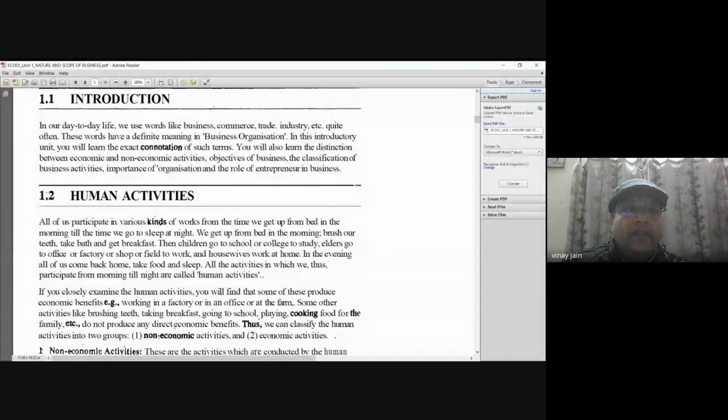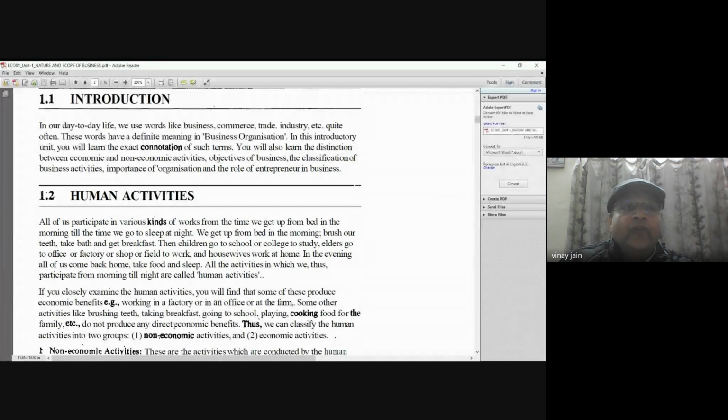In our daily life, we use words like business, commerce, trade, industry. You must have heard many such words and used them quite often. These words have a definite meaning in business organization.